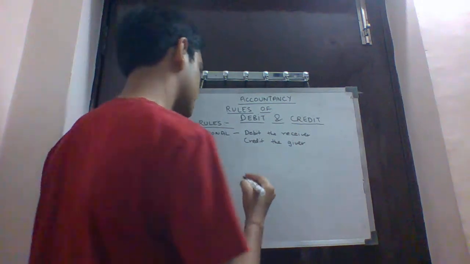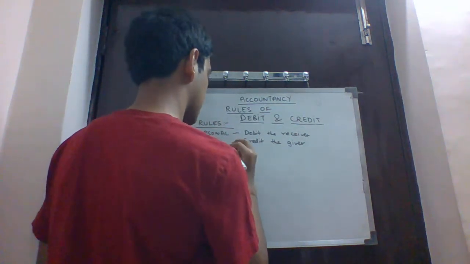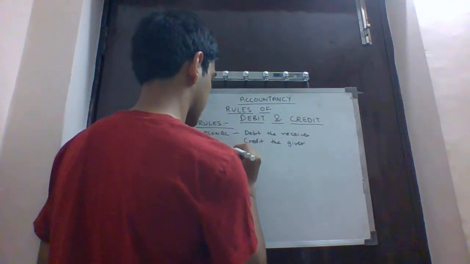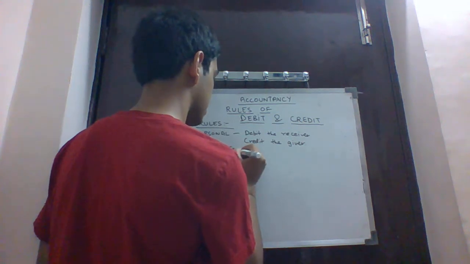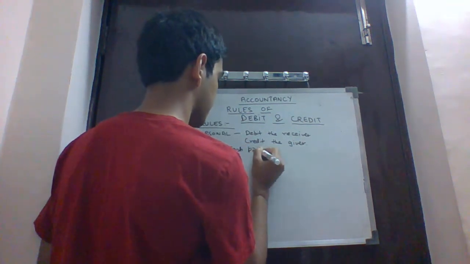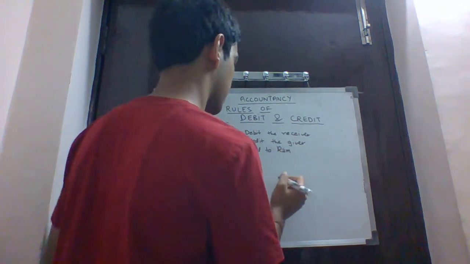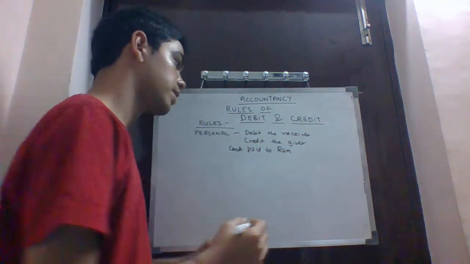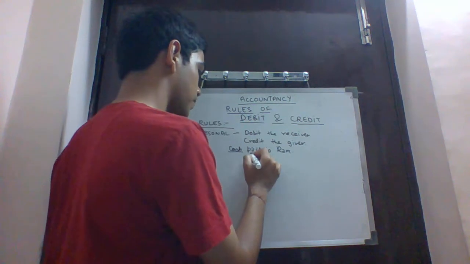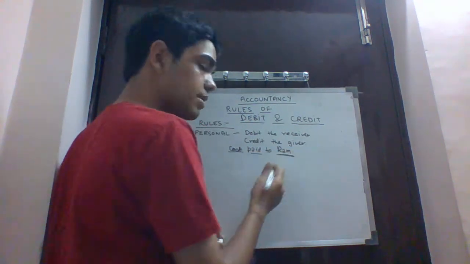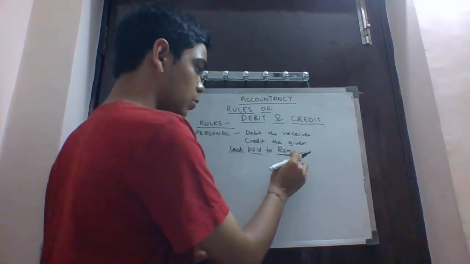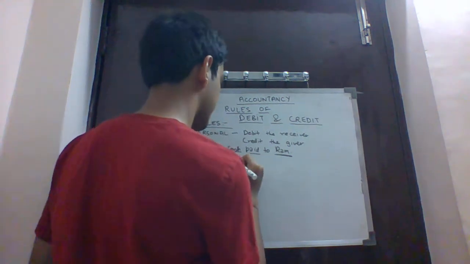Now, example, let's take cash paid to Ram. So here cash is being paid to Ram. That is, Ram is getting benefited. So Ram's account will be debited.